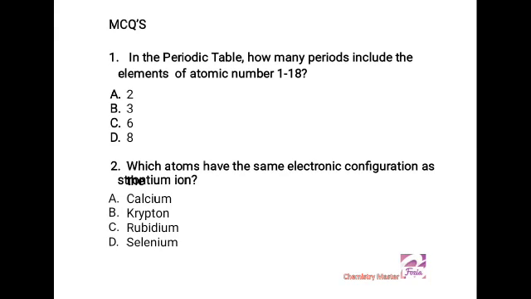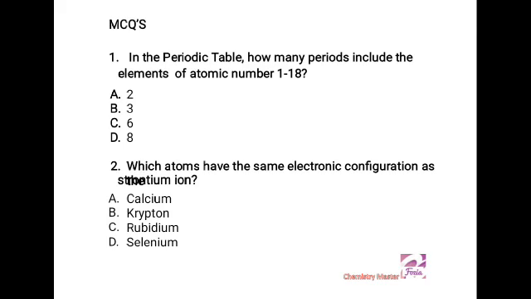The first MCQ is, in the periodic table, how many periods include the elements of atomic number 1 to 18? You know, the periodic table is the tabular arrangement of all the elements, in which the naturally occurring elements and artificial elements are all listed in the form of a table.